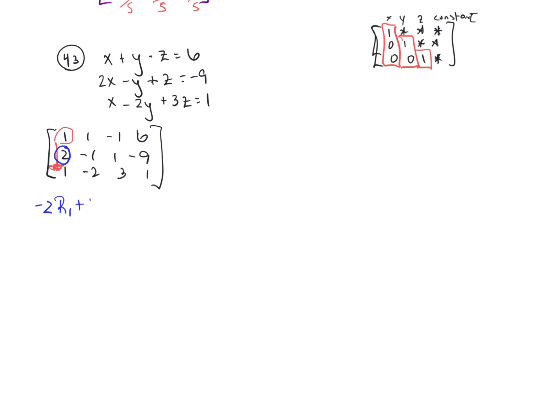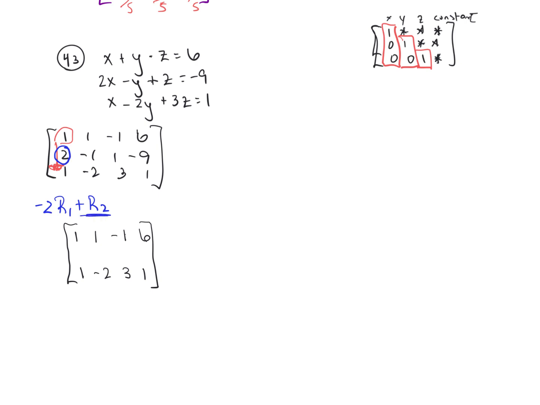Then I'm going to add that to row 2. Now notice, I am not doing anything with row 1. I am doing -2, but remember, that doesn't change. So I'm still going to have 1, 1, -1, 6 in row 1. And in row 3, it's not being touched either. The only thing you change is whatever is mentioned second.